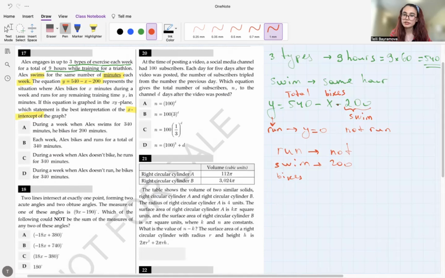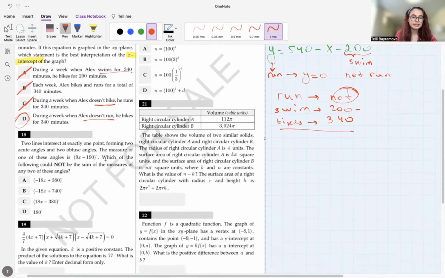It is 540 minus 200, 340. Swimming 340 is not correct, he swims 200. Bikes and runs for a total of 340 will not give the x-intercept. When Alex doesn't bike, no, it's not the x-intercept. When he doesn't run, he bikes 340. That's why the answer is D.